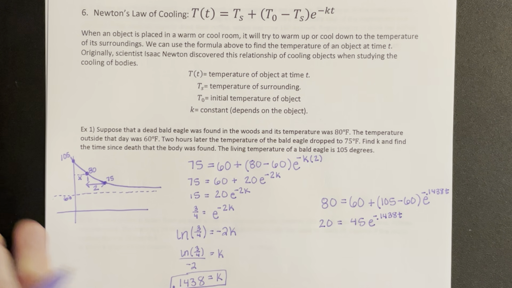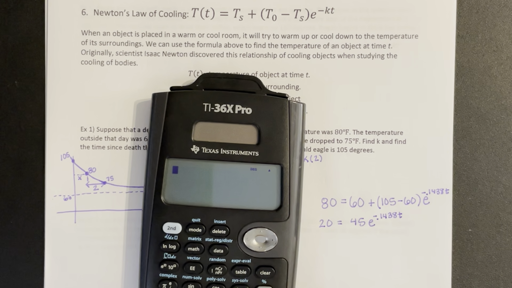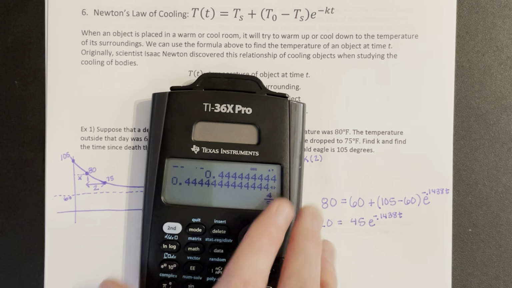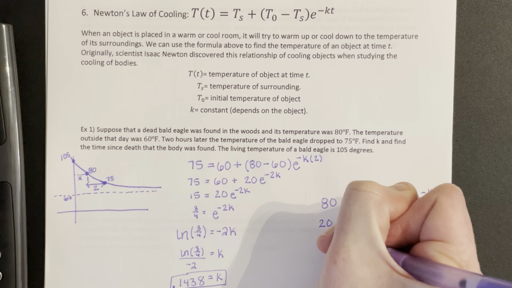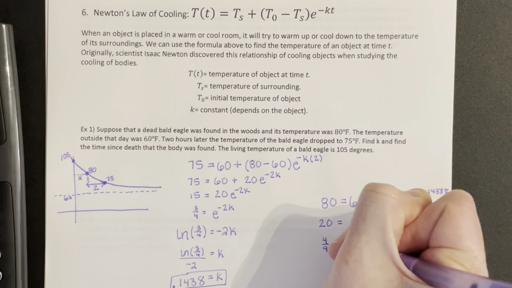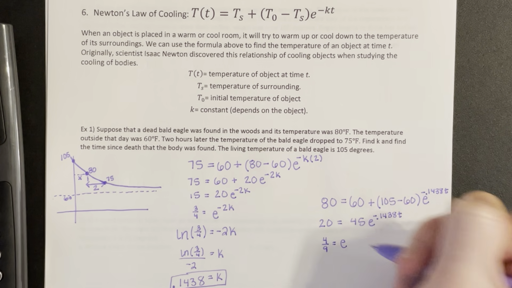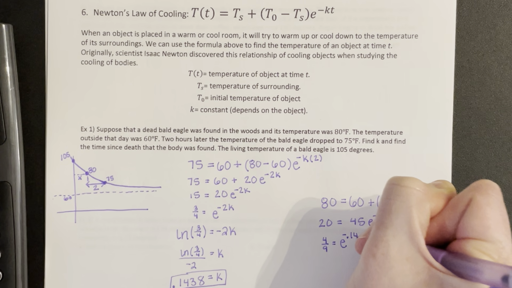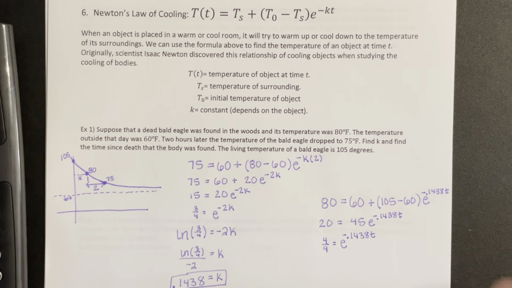Divide by 45. If you want to use your calculator, do 20 divided by 45. You get a value that's not going to be nice if you just cut it off, so that's why we use a fraction instead. So 4/9 equals e to the negative 0.1438 t.